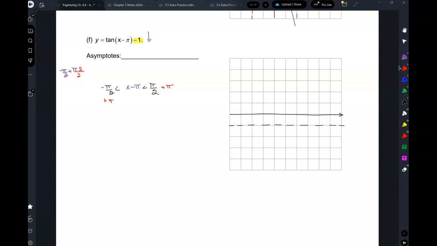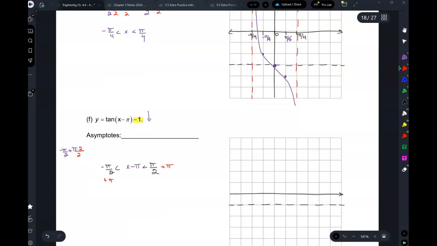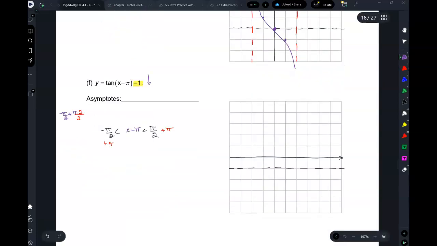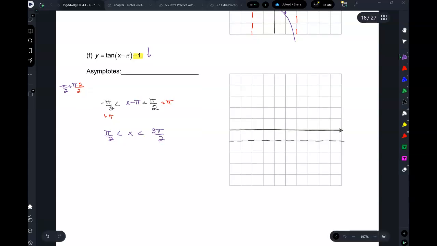I got to multiply top and bottom by 2. So how much will that be? It'll be negative pi over 2 here. Oh no, pi over 2. X, 3 pi over 2. Okay.